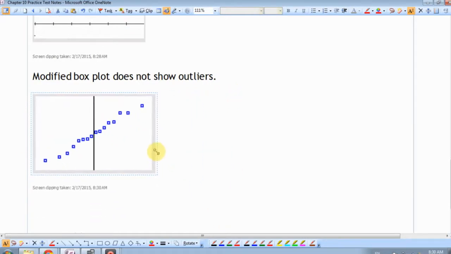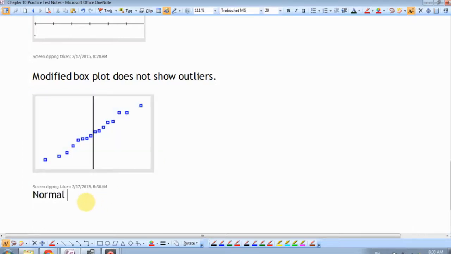It's called the normality plot, right? Normal probability plot. Okay, so the normal probability plot looks approximately linear.